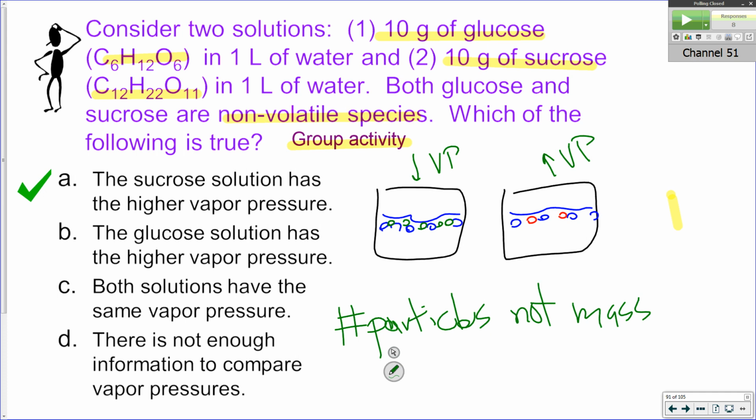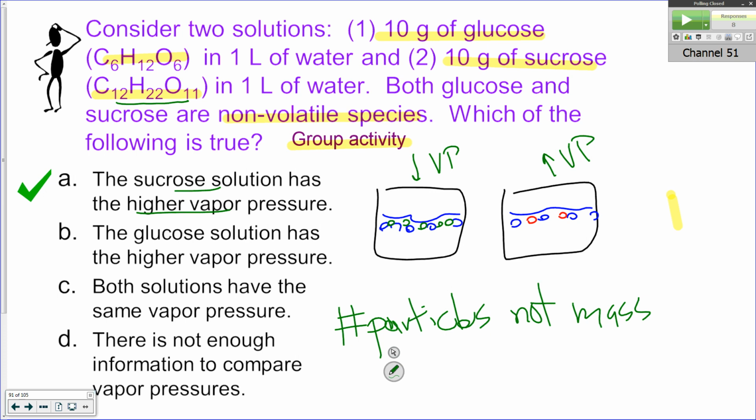The heavier something is, the fewer particles it has. The fewer the particles, the higher the vapor pressure. That's what's happening because the sucrose has the larger molar mass. There's fewer particles, so it has the highest vapor pressure. That's really a critical thinking problem.